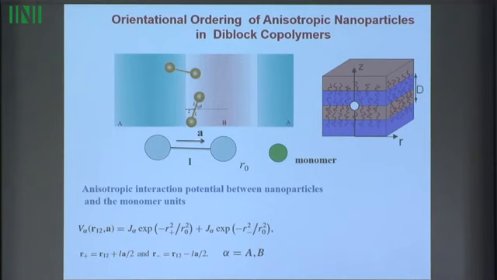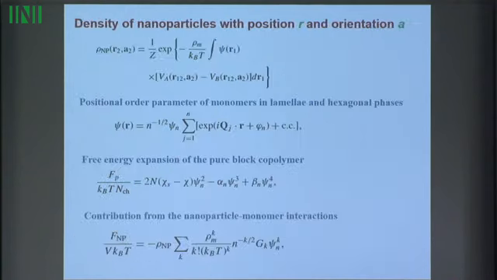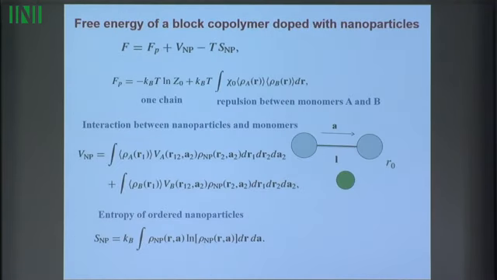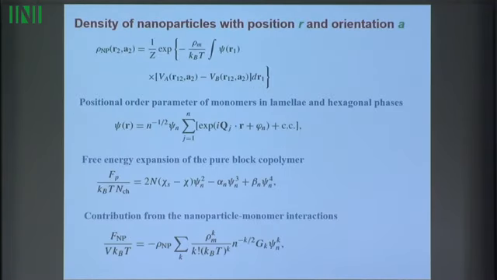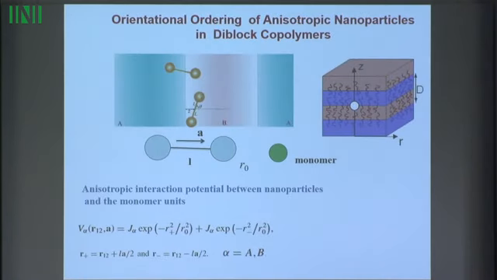And so now then, again, we try to develop some simple statistical mechanical theory, starting from the simple interaction potential between this sphere and the monomers A and B, so assuming different constants to describe this discrimination.